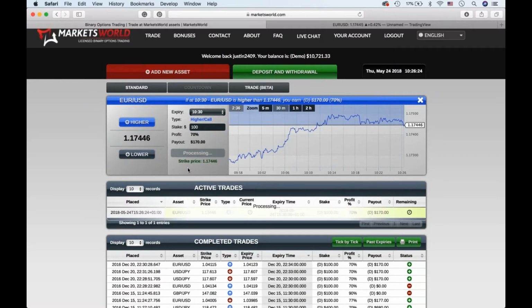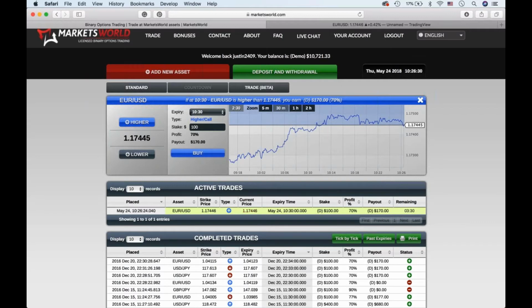So it gave me a 446 strike. Not what I really wanted. I really wanted more towards the 439. Let's see. That might be enough. So basically, I entered a buy signal on the EUR/USD for 10:30, which is around 3 minutes from now.